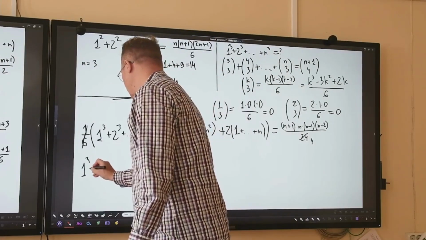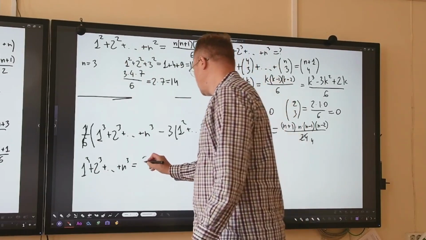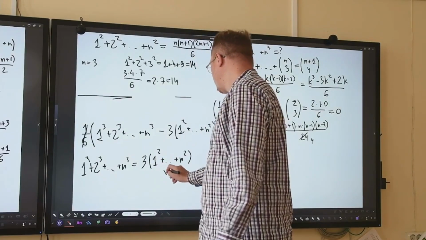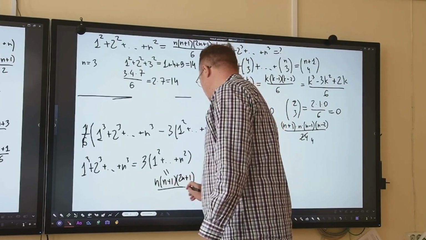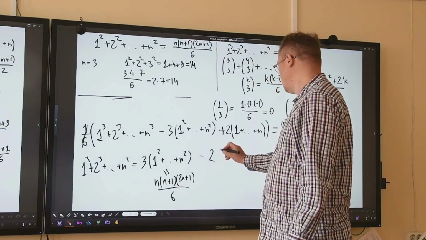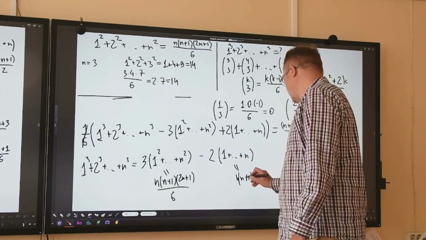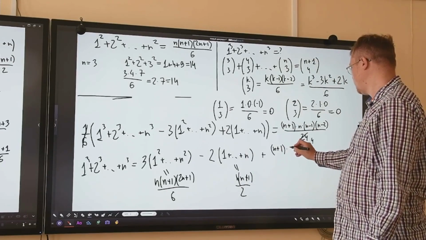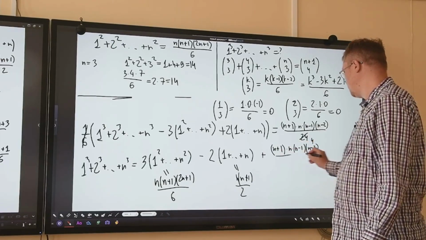So the sum of cubes is 3 times the sum of squares, which is n times n plus 1 times 2n plus 1 over 6, minus 2 times the sum of 1s, which is n times n plus 1 over 2, and plus n plus 1 times n times n minus 1 times n minus 2 over 4.